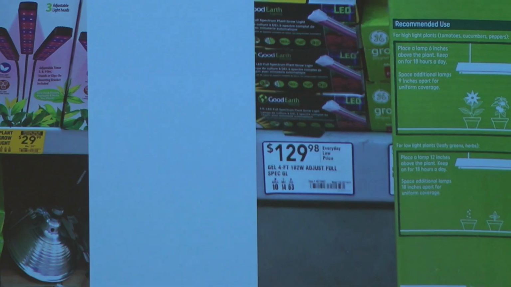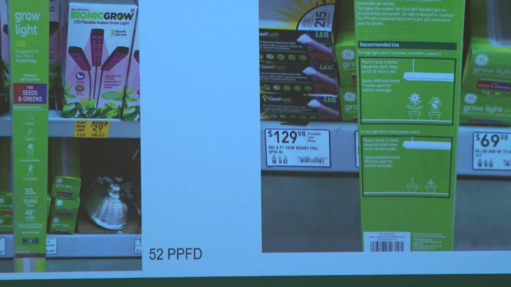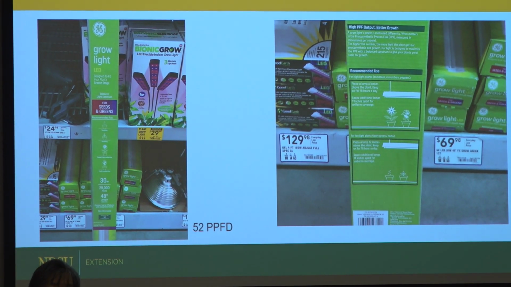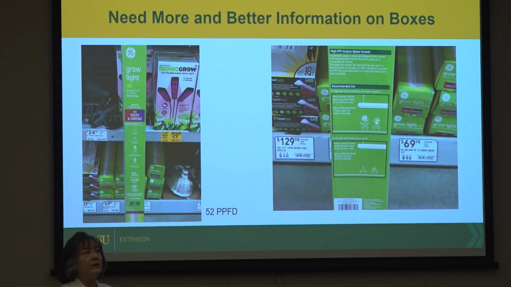So using what we have here, you can look at those boxes, you can compare it to what's in this particular presentation and see what you're getting. This happens to be the GE Grow Light box. It says for seeds and greens, and on the very front, it's got a PPFD of only 52. So you may need to buy more than one of these and put them fairly close together to get enough light, or this would be used as supplemental lighting.